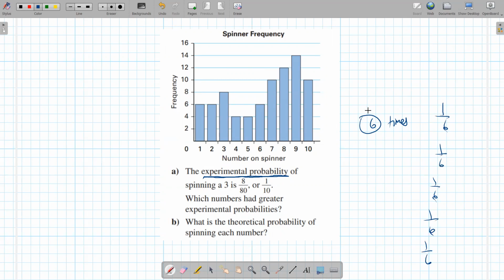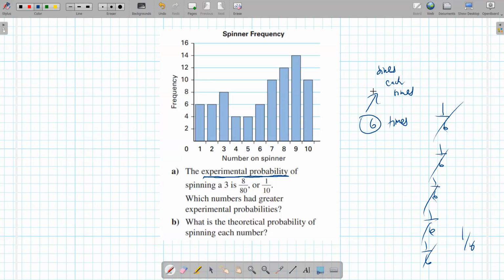But there could be an instance where you got all 6s each time. So that means you didn't get any of the other numbers. That is an experimental probability. That's very unlikely to happen, but it can happen, like winning a lottery.